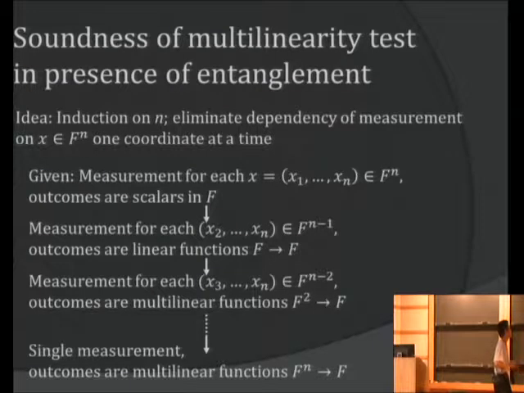Now the most difficult, most involved part is to prove the soundness of the multilinearity test in the presence of entanglement. We basically follow the original proof outline by Babai, Fortnow, and Lund.